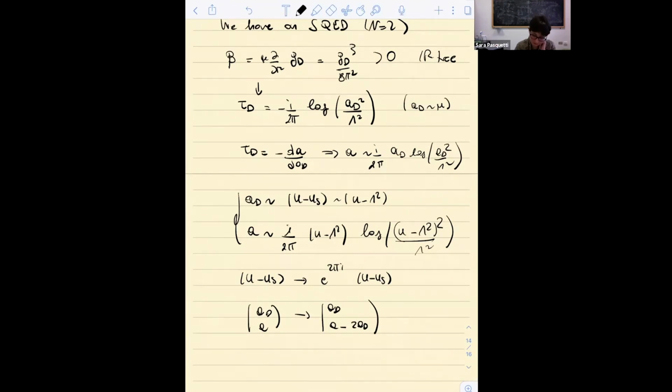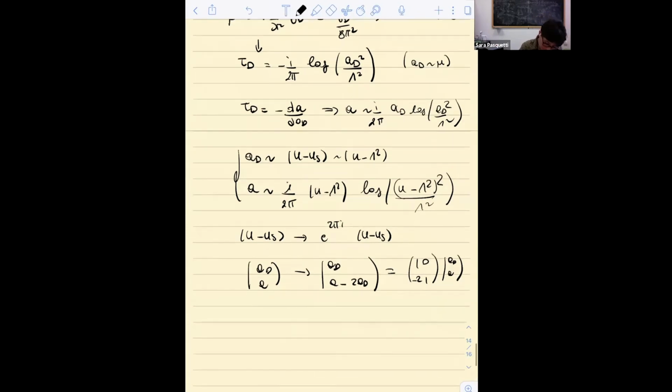So the effect of this monodromy can be summarized by the action of a monodromy matrix. So the monodromy matrix around the point US is going to be this one.